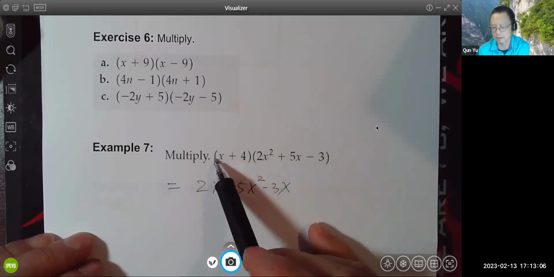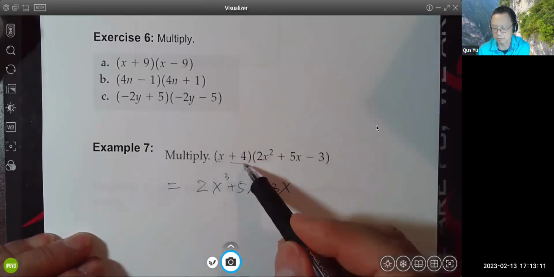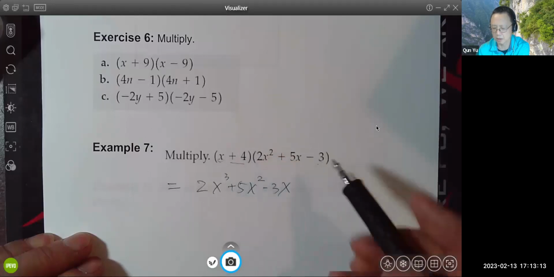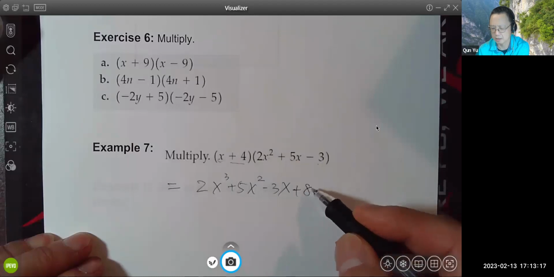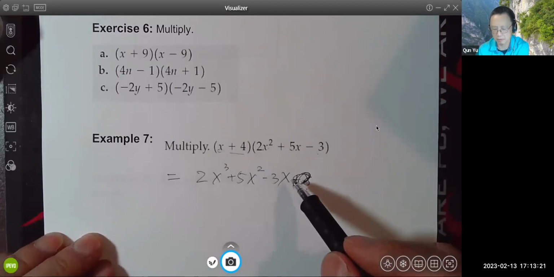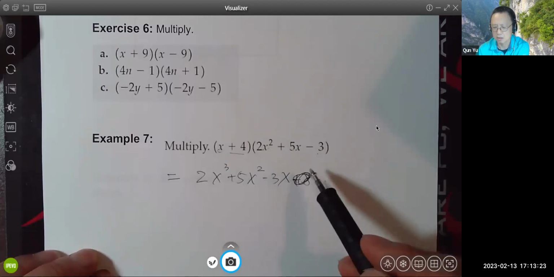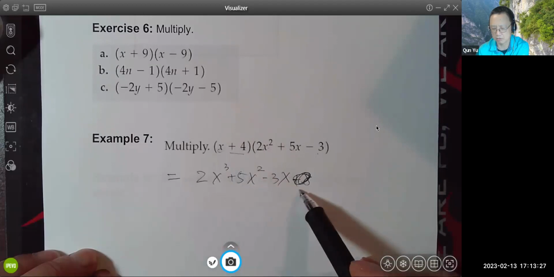Just put an x on top of each one of these. Now positive 4 multiply everything in the second polynomial. By the way, if you want to have a little bit easier time when you combine like terms, when you distribute the second one, put it underneath the first result.